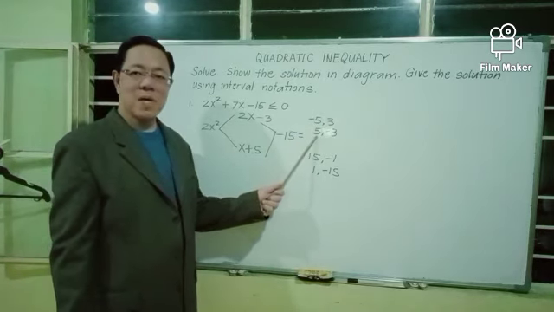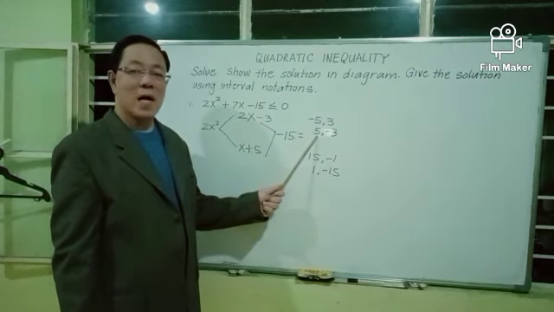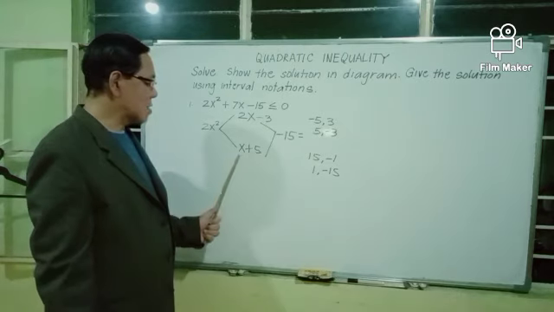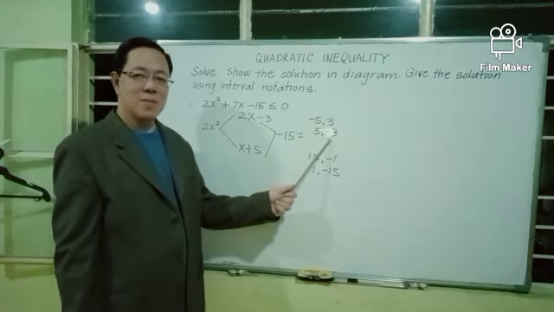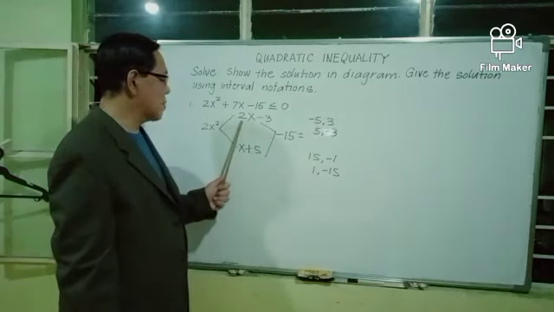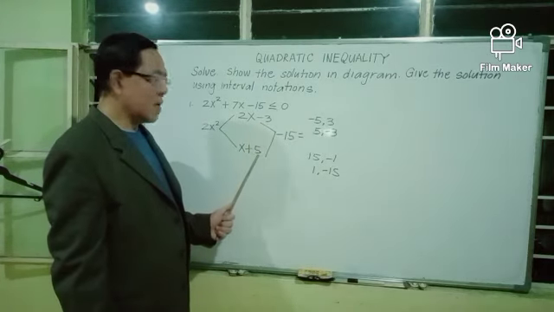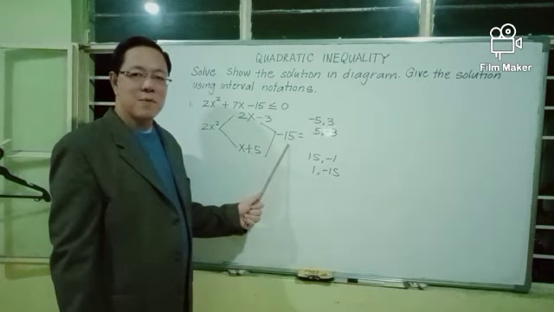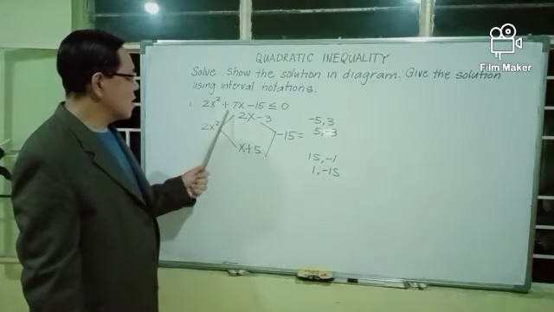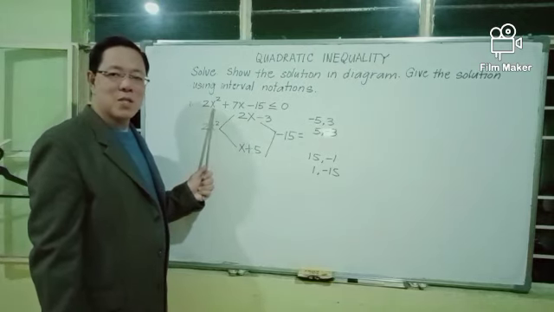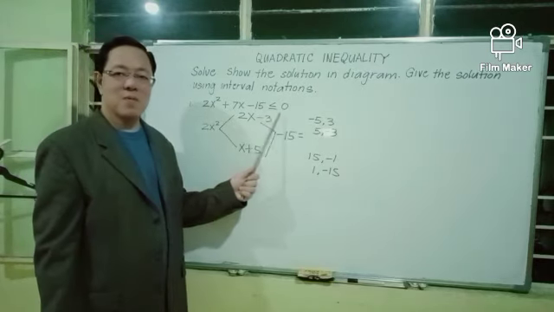So for the factors of negative 15, I used positive 5, and I added 5 to x, x plus 5, and negative 3, which I subtracted from 2x, 2x minus 3. Negative 3 multiplied by positive 5 is negative 15. Now we check if these are the factors of the quadratic expression 2x squared plus 7x minus 15.